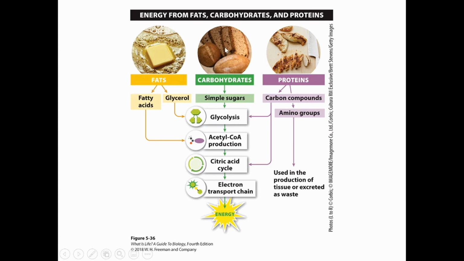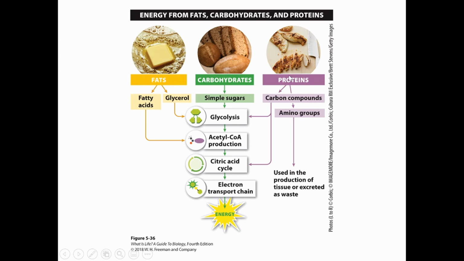Now, carbohydrates is the favored source to go through this process, but we can also do that with fats by breaking down fats into the glycerol and the fatty acids, in which case they can enter at different steps, with glycerol entering at glycolysis and fatty acids entering at the acetyl-CoA step. And proteins can be used at a variety of steps.